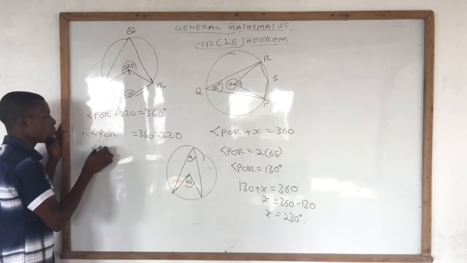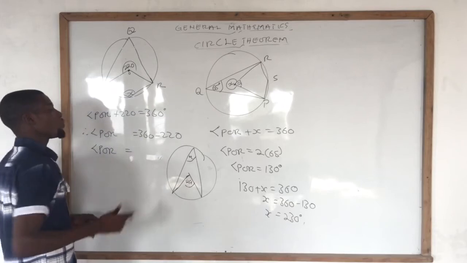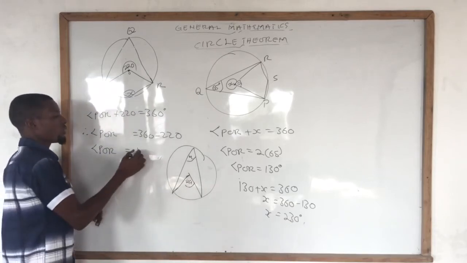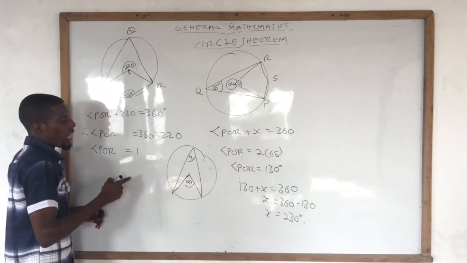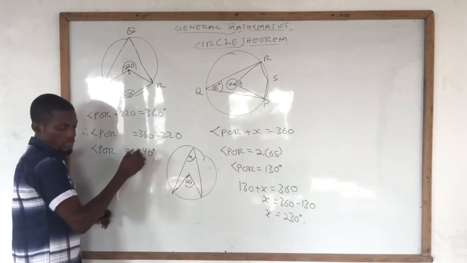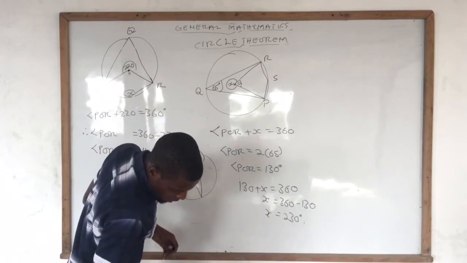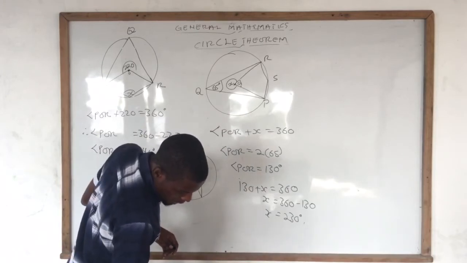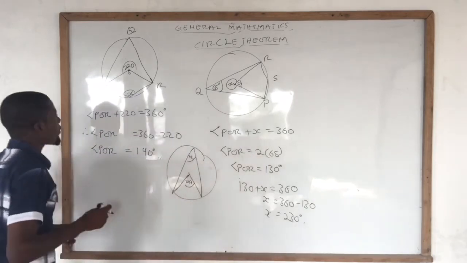So my angle POR is going to give me what? When you deduct 220 from 360, you are going to get 140 degrees, right? That's 140.